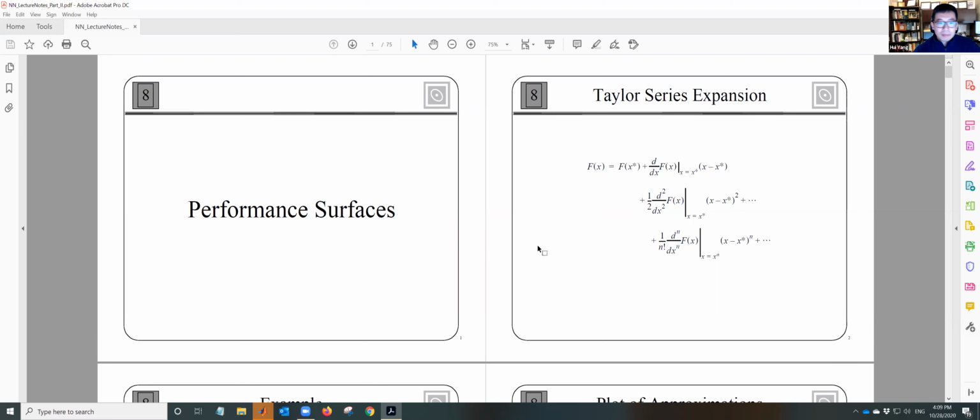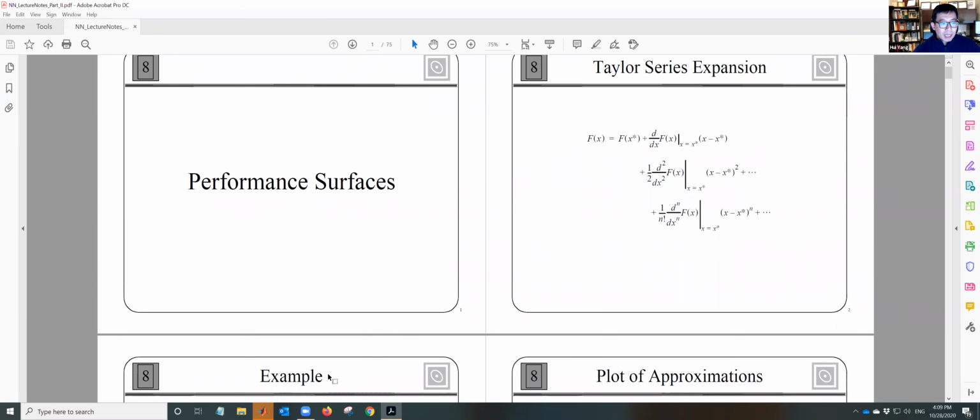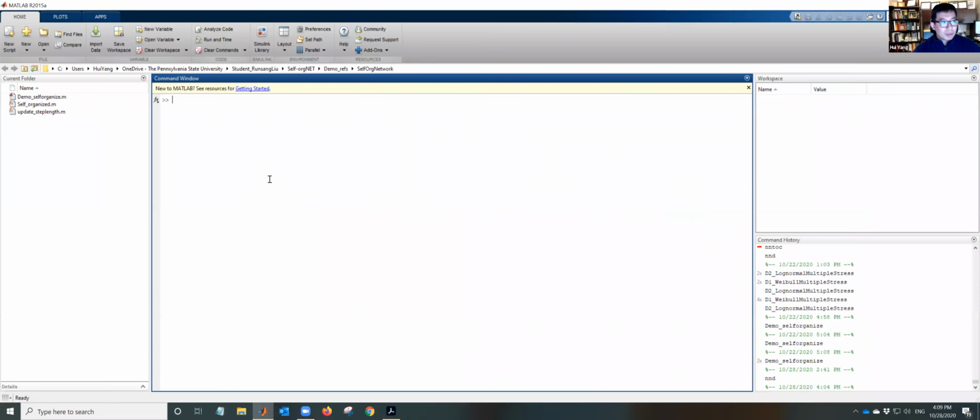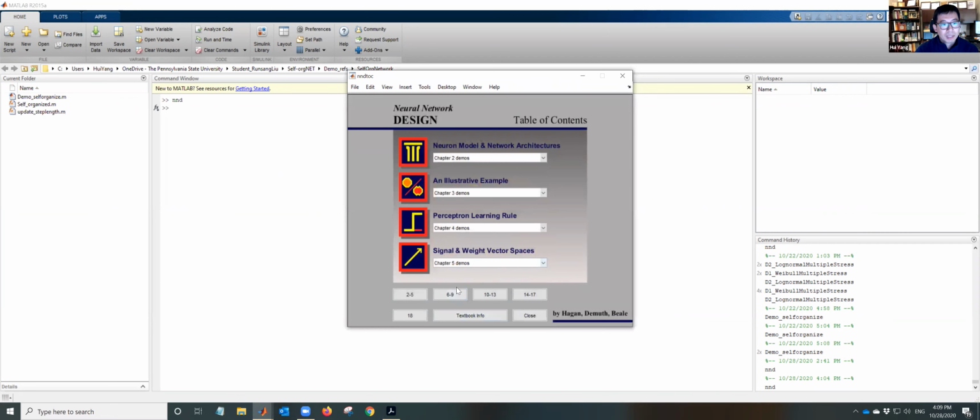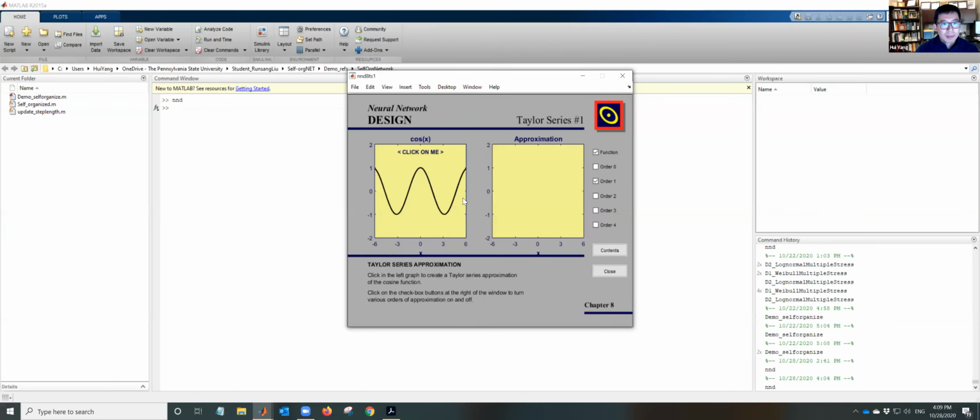And as we talked about before, if we go to NND, the Neural Network Design Toolbox, and look at the table of contents, under performance surface, if we look at Taylor series 1, this is a cosine function.